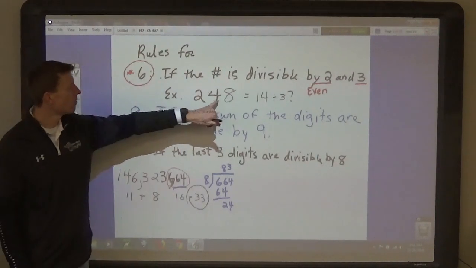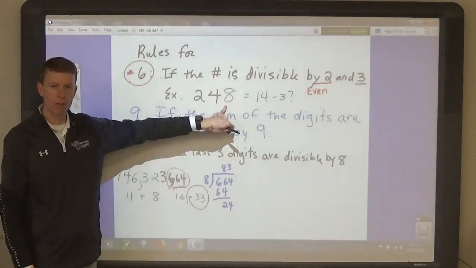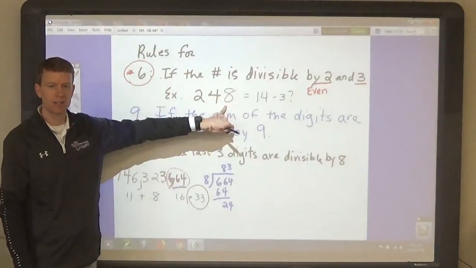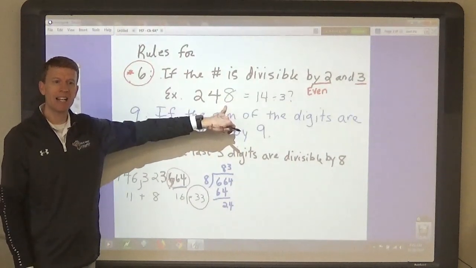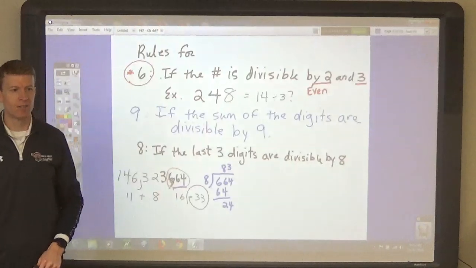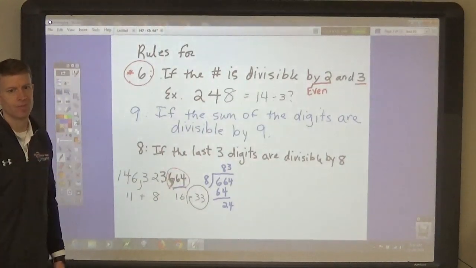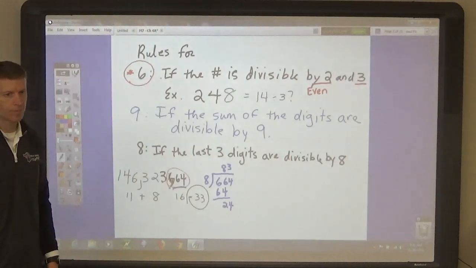If it ends in an even number, then it's automatically divisible by 2. How do you know if it's divisible by 3? What do you need to check? The sum of the digits.